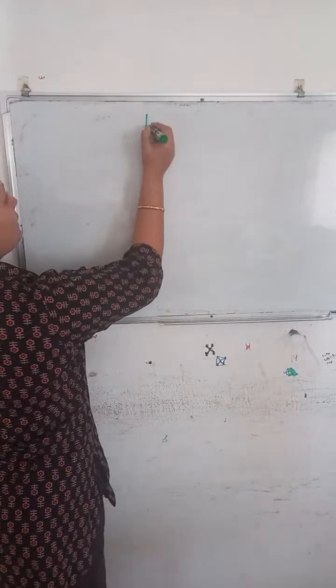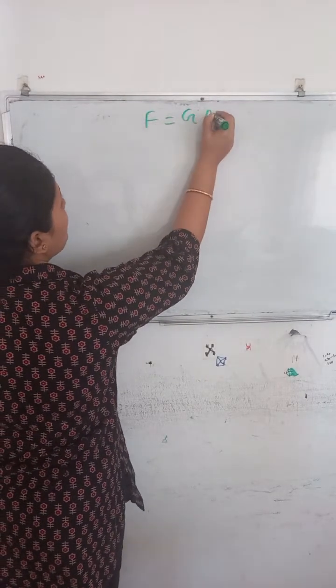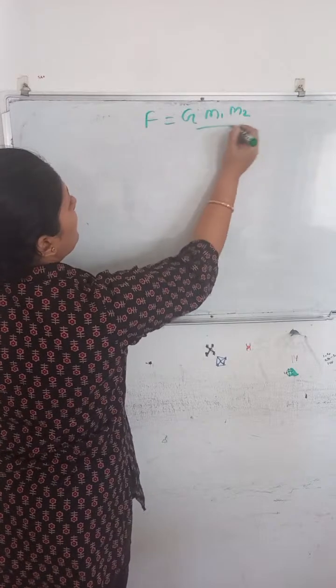Okay. So here at the beginning they are asking us to calculate the force of gravitation. Means we have to calculate F. So we know the gravitational force between two bodies, here the two bodies are earth and sun. F is equal to G m1 m2 upon r square.